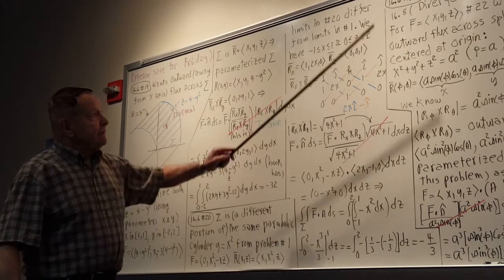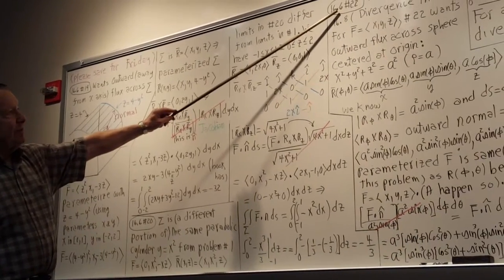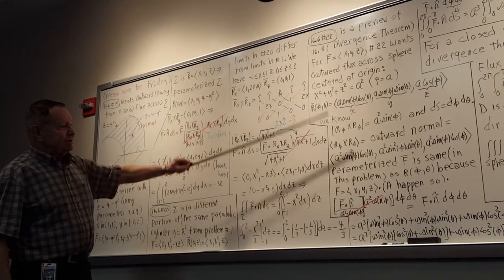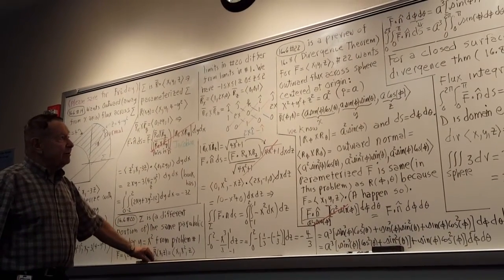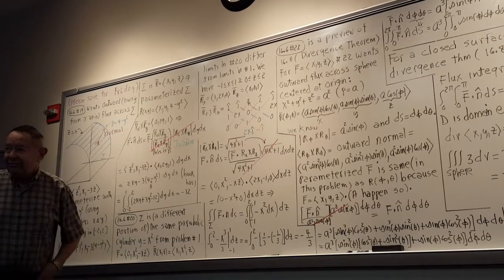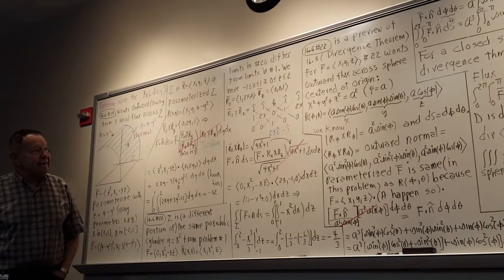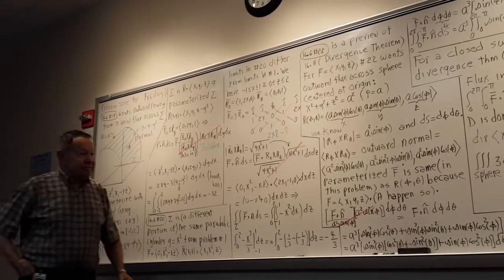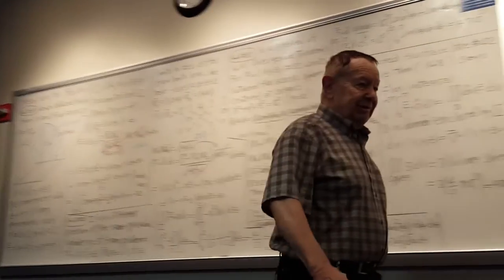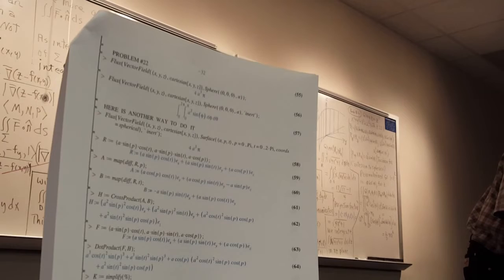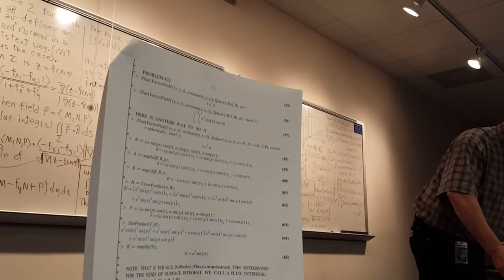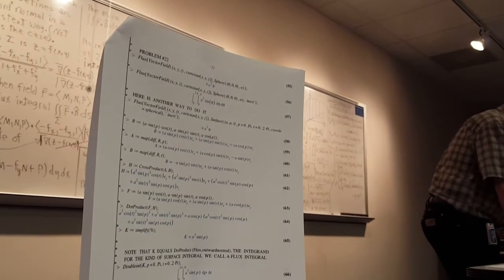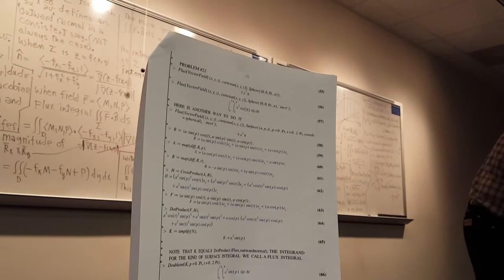So let's finish here with problem 22, which is a rather interesting problem because it relates to what we'll be doing a week from today, which is called the divergence theorem. So first of all, take a look at the Maple. And I believe that, let's see, I drew 19 and 20.